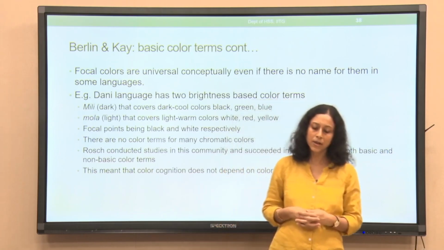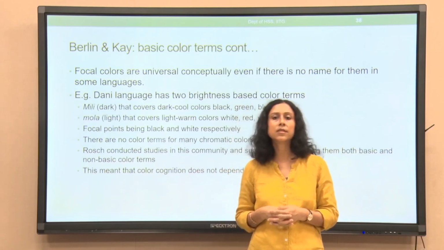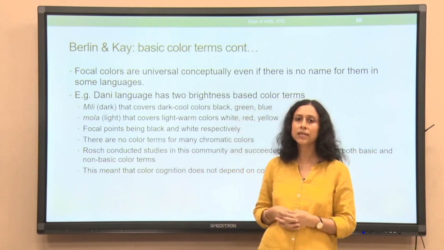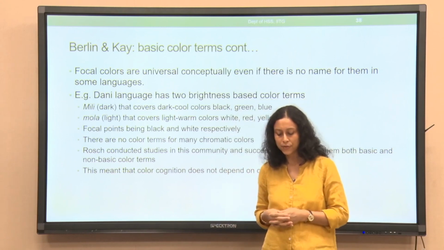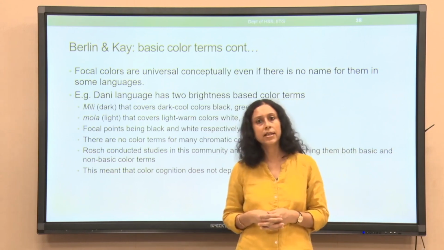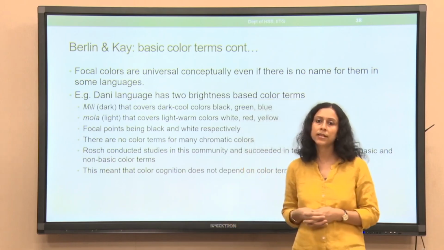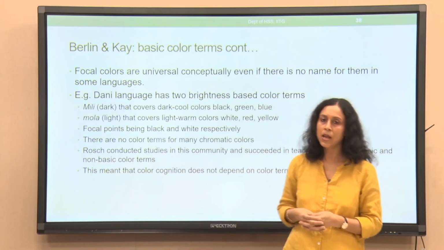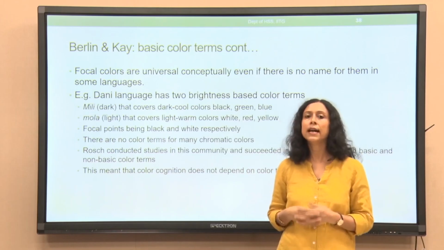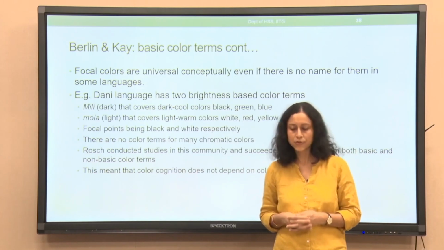From that point we have talked about conceptual categorization as a process and what the outcome of those processes is. We have also seen various theories of categorization, the classical theory of categorization, and then we went on to look at the prototype theory and the exemplar theory with the help of color terms and so on.